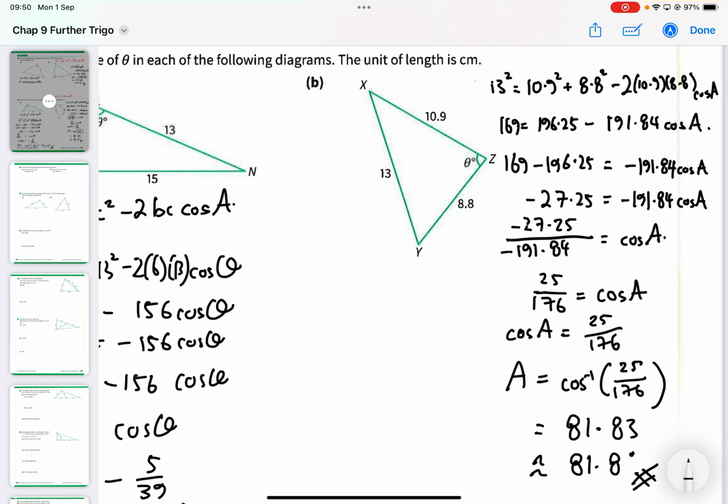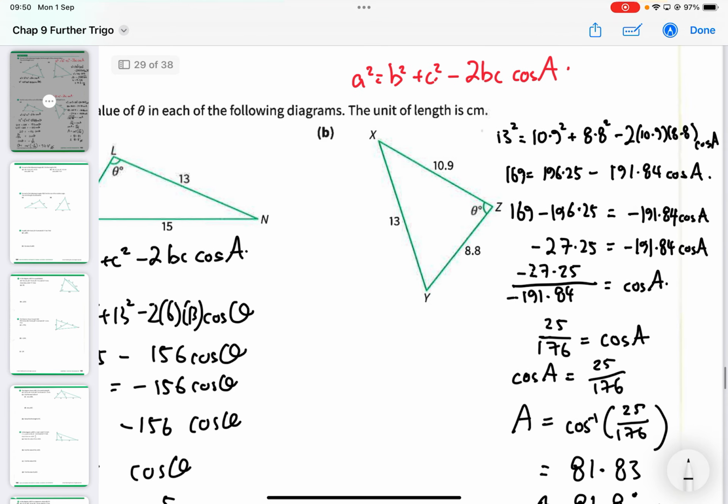Okay, if you have finished copying, listen up. If I change the position, I change the A, B, and C, the location. If I put 10.9 here, then 13 here and 8.8 here, I will also be able to find an angle. But I will not be finding theta.